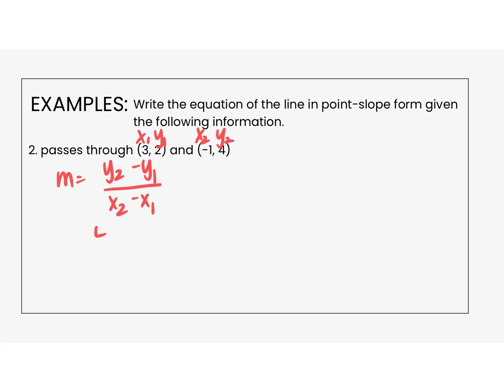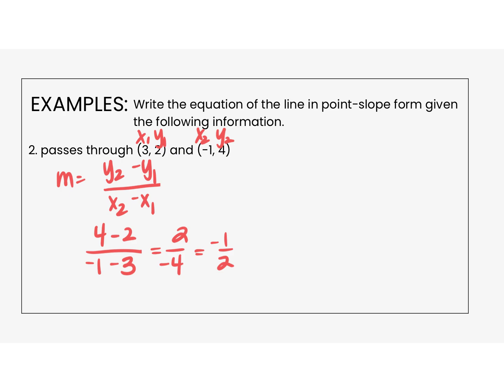So I have 4 minus 2 over negative 1 minus 3. So that gives me 2 over negative 4, which is negative 1/2. Okay, so that's my slope.